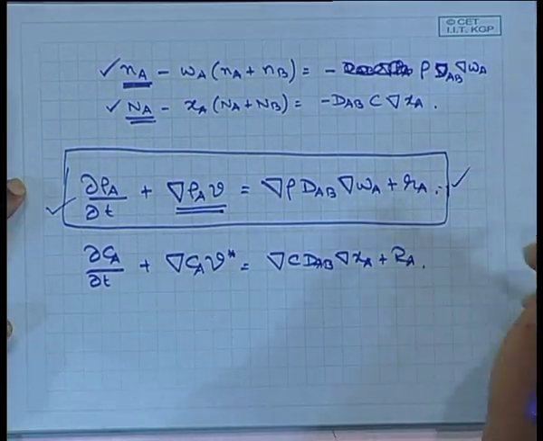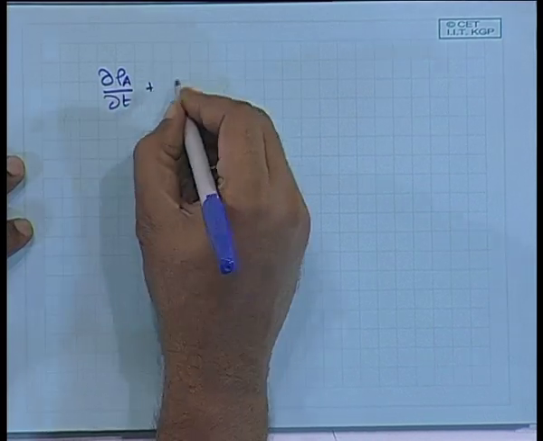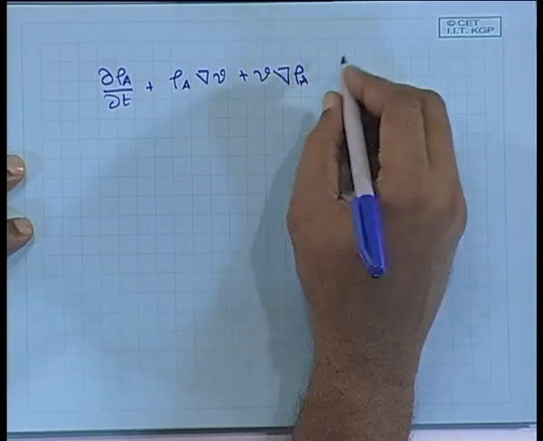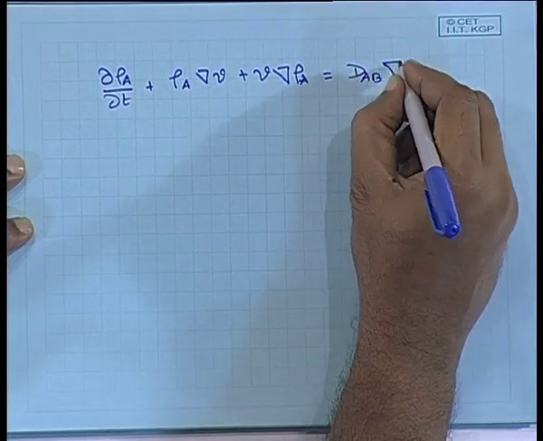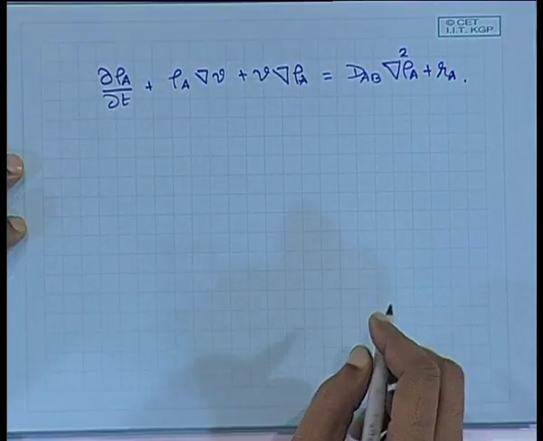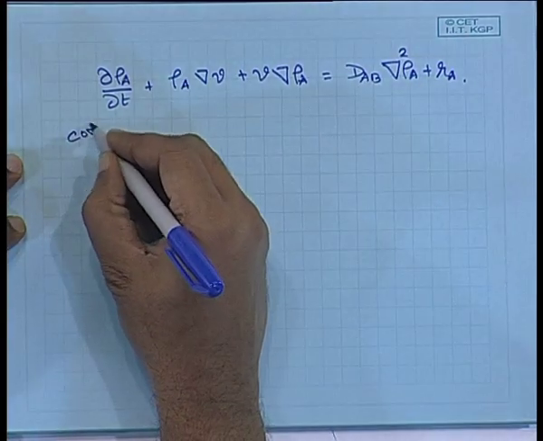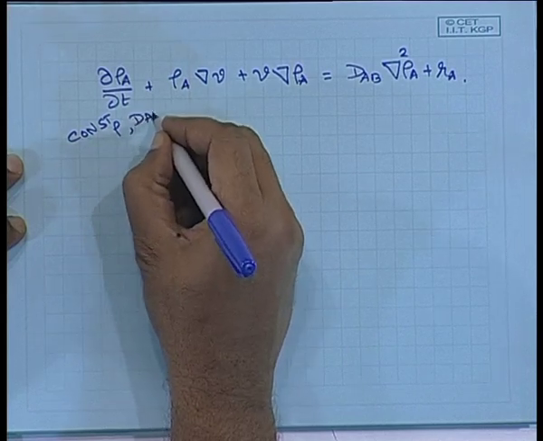So, I will deal with this equation and expand the second term on the right hand side, which would simply give me del rho A del T plus rho A divergence V plus V times divergence rho A is equal to dAB, taking the rho inside, divergence square rho A plus R A. So, the restriction that I have put in here is constant rho and constant dAB. All right.